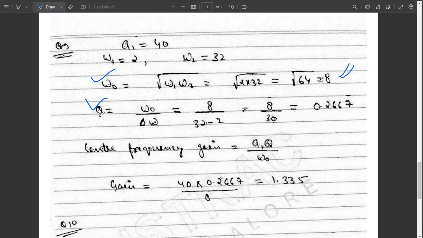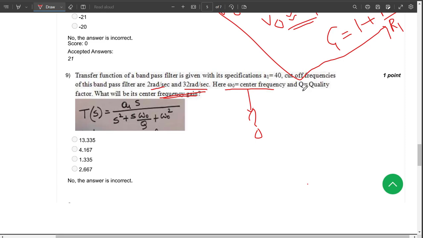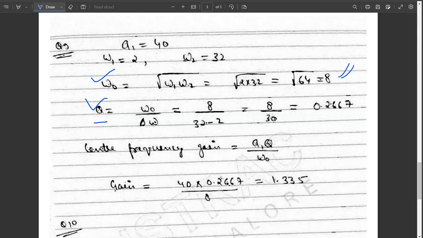So from there we got the quality factor again. The center frequency gain formula is simple: a1 into q divided by omega naught.